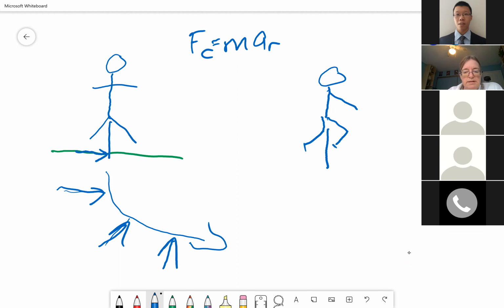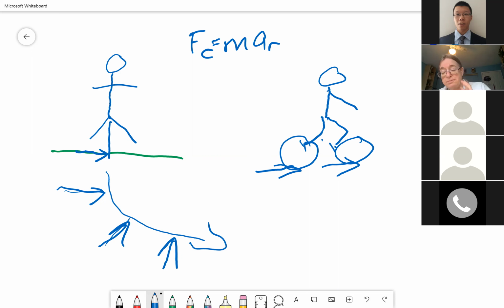Again, drawing, we all know, is not my strength. On your bike you're going to have your two wheels, right? And the pedals. So if I was looking at the side, there is also going to need to be friction acting this way on the pedals to allow me to speed up, or the opposite way if I was slowing down.